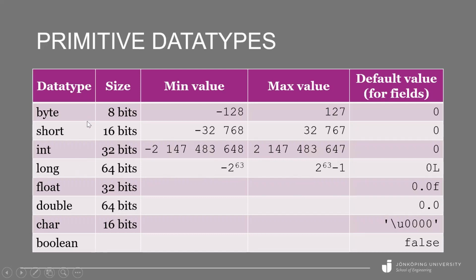So when should you use which one of these 4 if you need to store an integer? Well, the guideline here is to always use int, and then we have some exceptions to this guideline. If you have a lot of integers and you know that all of them fit inside 8 bits or inside 16 bits, then instead of using an int, you can use a byte or a short in order to save memory.